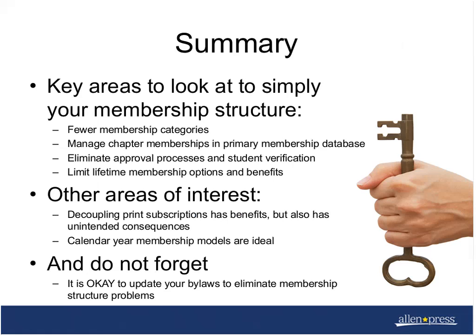Other areas of interest that we discussed were decoupling print subscriptions, which has benefits but also has unintended consequences. And calendar year membership models are ideal. And do not forget, it is okay to update your bylaws to eliminate membership structure problems.